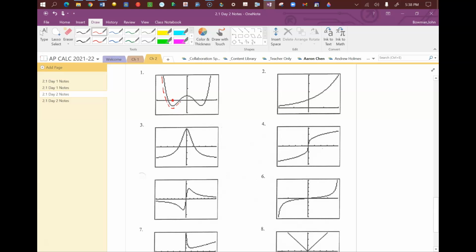Now the derivative becomes positive, and at x equals 0, the derivative, the slope of the tangent line, is 0 again. And now the derivative goes negative. And then at this x value right here, the slope of the tangent line is 0 again, and then it goes positive. So I hit some key points on there.